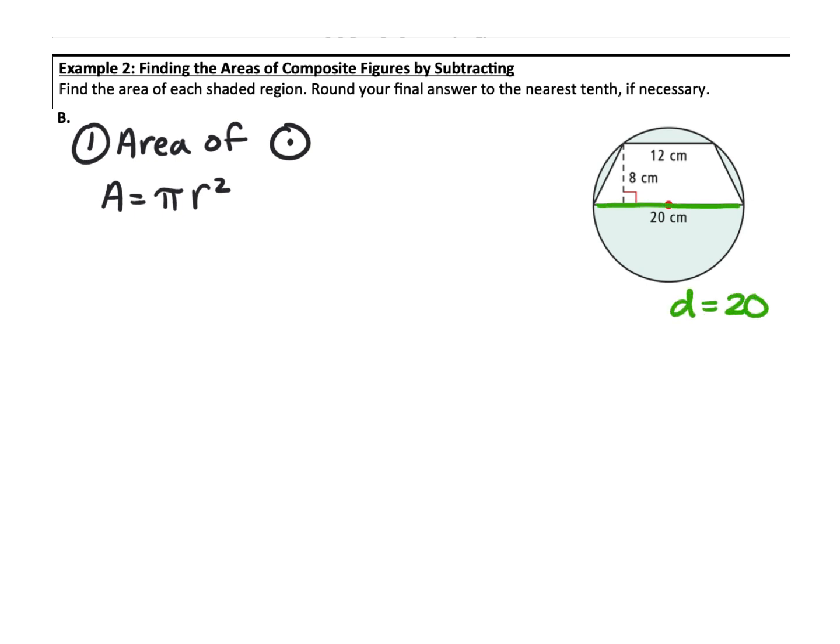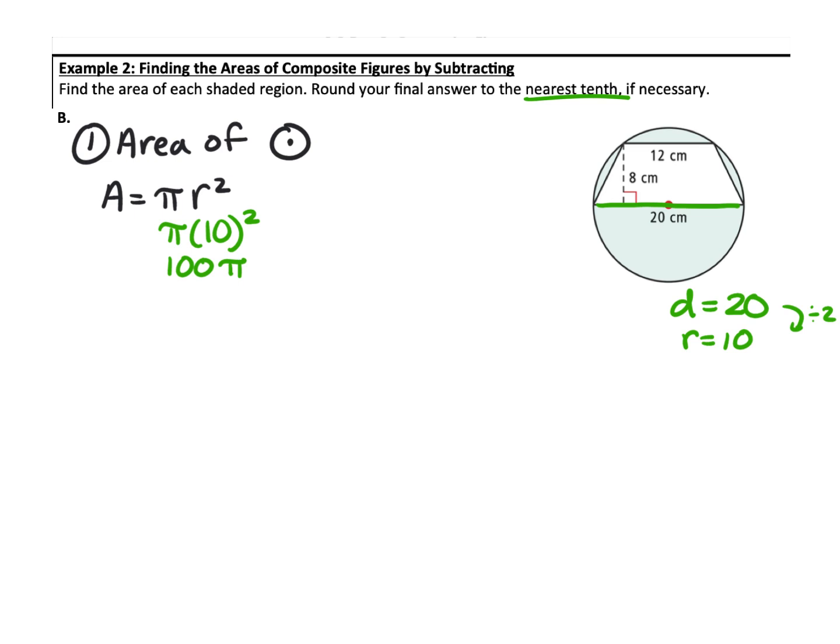And the radius is just half the diameter. So if we divide that by 2, we get r equal 10. Now we can calculate the area of our circle as just pi times 10 squared. That's 100 pi. And then since we want to round our final answer to the nearest tenth, we can just type 100 pi into the calculator and get that decimal approximation.